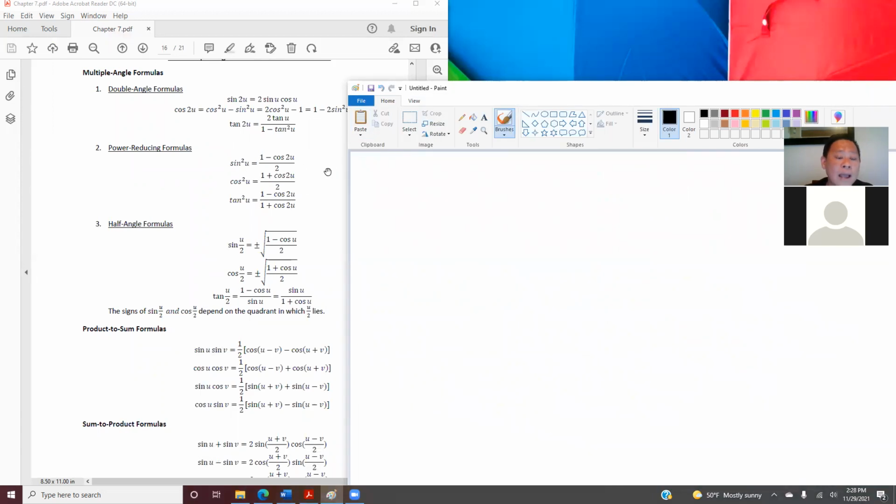As you know, when you have sine, using your power reducing, sine squared u equals 1 minus cosine 2u over 2. So what I do is I cut this into 2. If you cut this into 2, then the angle will also be cut into 2.